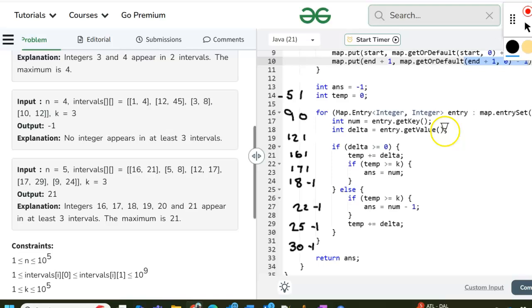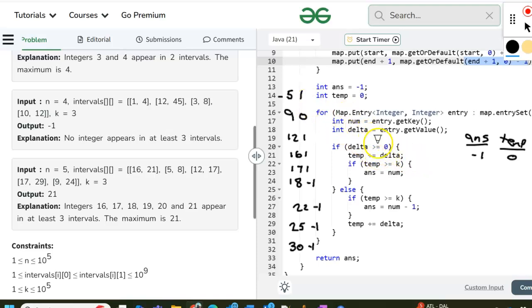If the delta is greater than or equal to 0, which it is, we need more variables. We need temp. Oh, we already have those up here. Let's initialize those. The answer is -1, in case we don't find anything. Temp is initially 0.